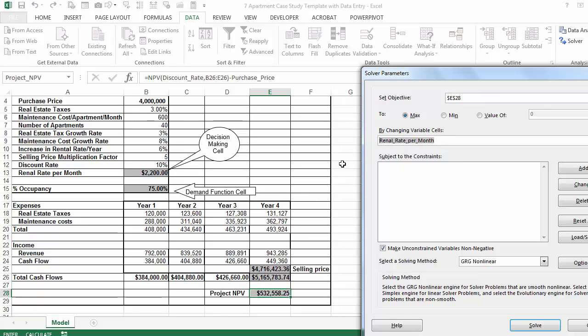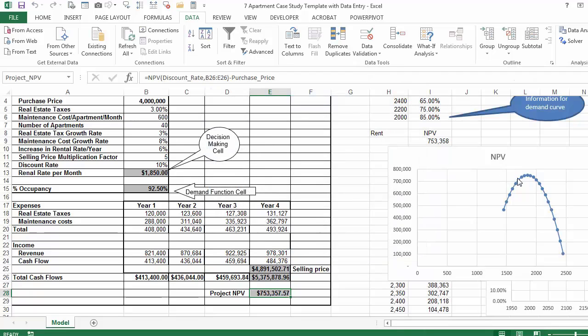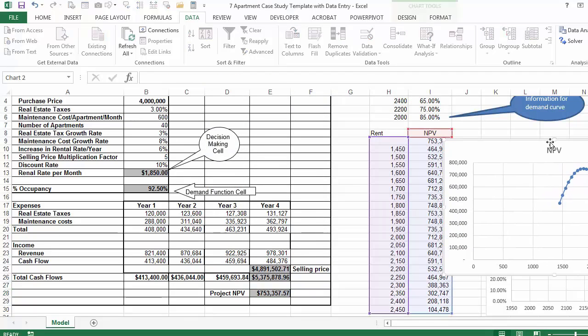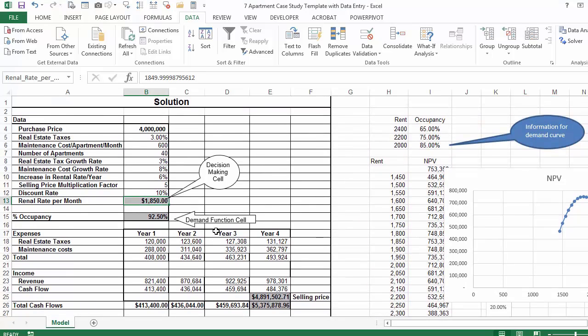The changing cell is the rent, and it's not linear, so if you have it set as linear, it's not going to work, because we have the NPV function, which is not linear. And when you solve, you're going to get the same solution we just found using the data table and the chart. Rent the apartments for $1,850. Your occupancy based on your demand curve is 92.5%, and then you have the highest NPV. So this is the solution.